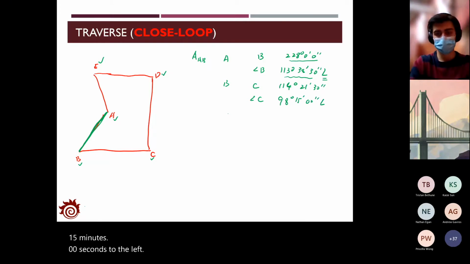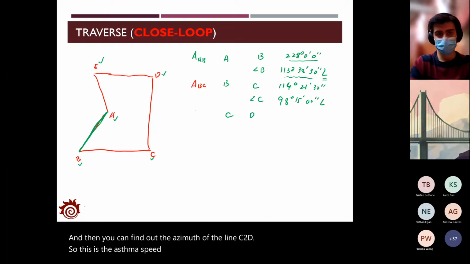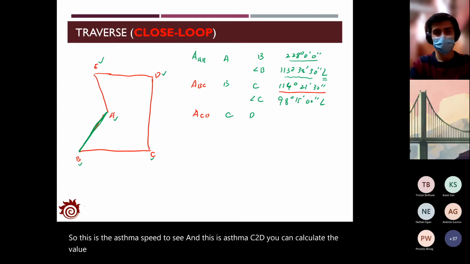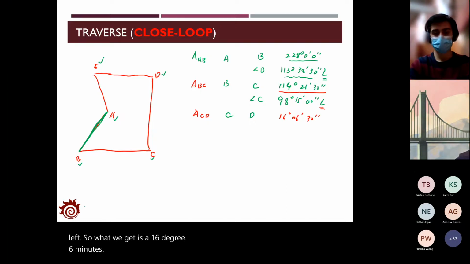And then you can find out the azimuth of the line C to D. This is the azimuth of B to C, and this is the azimuth of C to D. You calculate it as the azimuth of B to C minus the deflection angle, because the angle is to the left. So what you get is 16 degrees, 6 minutes, and 30 seconds.